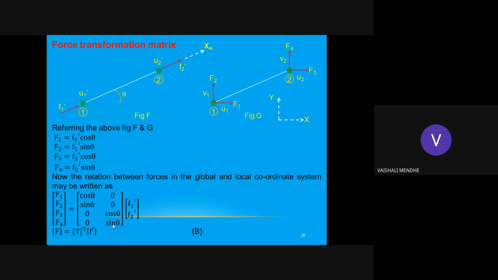So what is this matrix? We got cos theta 0, sin theta 0, 0 cos theta, 0 sin theta. This is what? Any one of you?